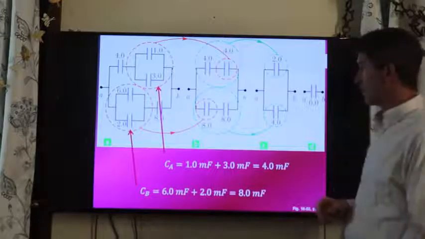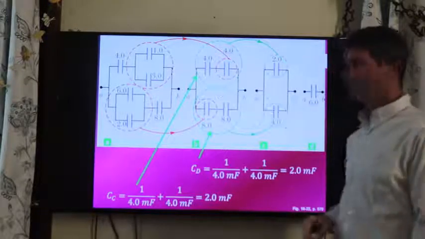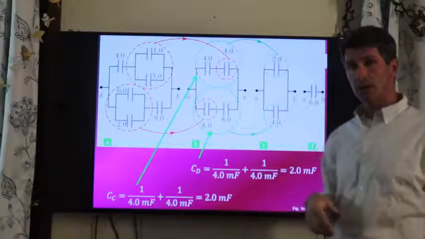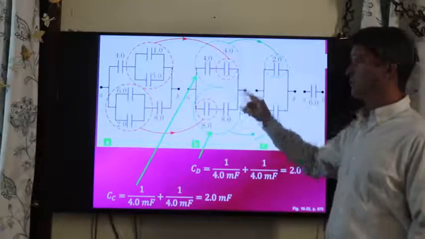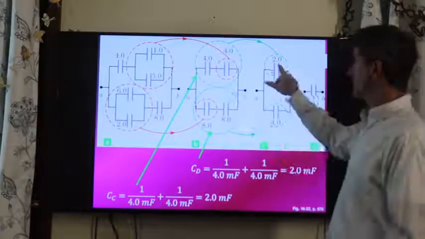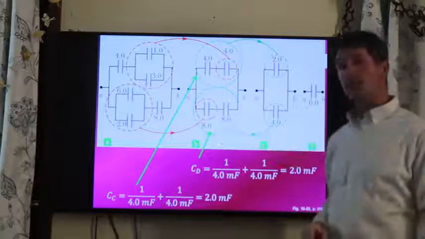Let's reduce it some more. Now I take this one and reduce them to a single one. Remember, we're taking the reciprocal of the sum of the reciprocals. So 1/4 plus 1/4 is equal to 1/2. The reciprocal of 1/2 is 2. Same thing here. 1/8 plus 1/8 is 1/4.